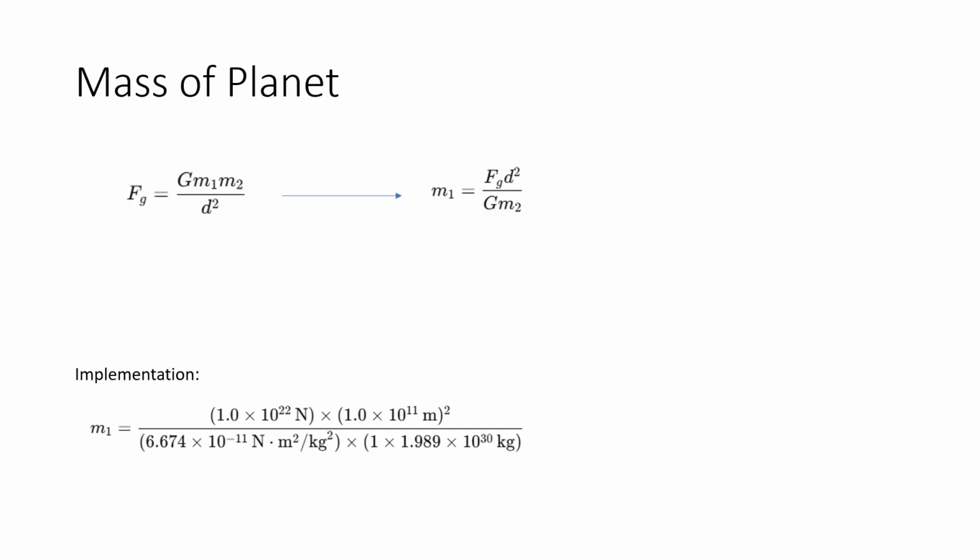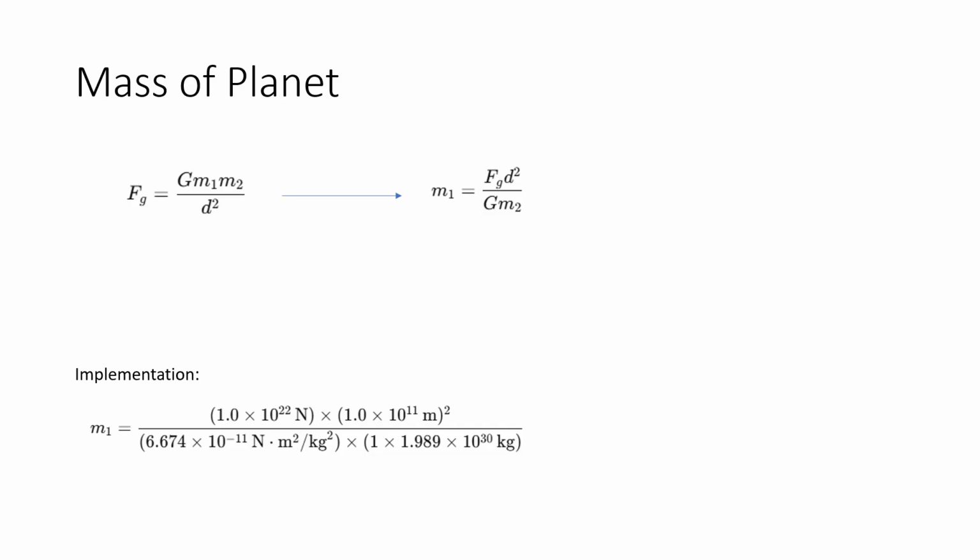So for this one, this is the gravitational force equation, I'm pretty sure, and then you have to rewrite it to find M1, which is the mass of your planet. Fg is the gravitational force between the exoplanet and the star. M1 is the mass of the exoplanet that we're solving for.